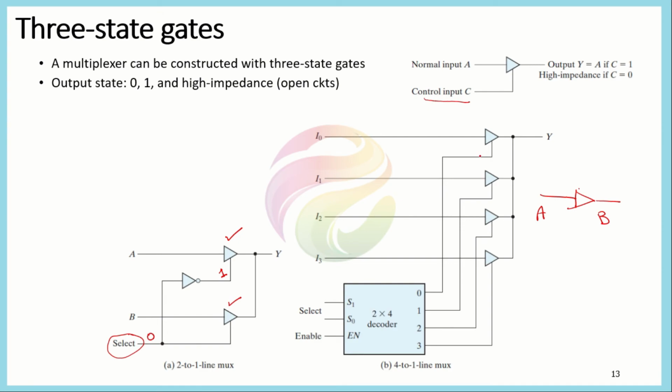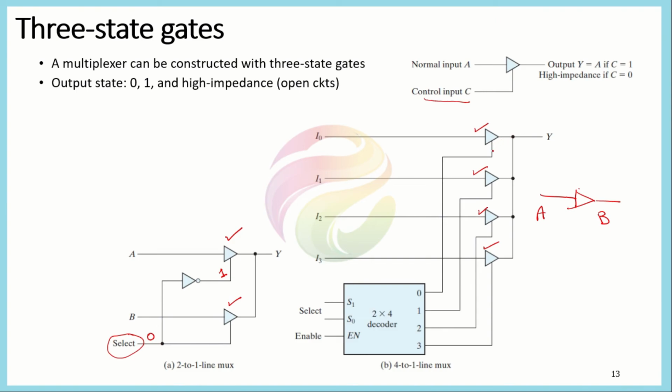If we represent these in the form of three-state gates, we are using four gates here. All these four gates are enabled to give an output only when their control value is equal to 1, instead of a high impedance state.